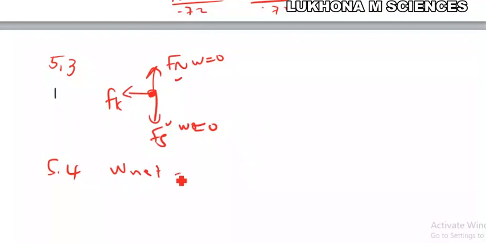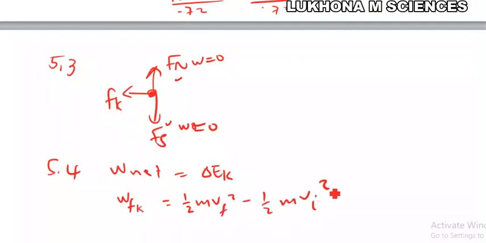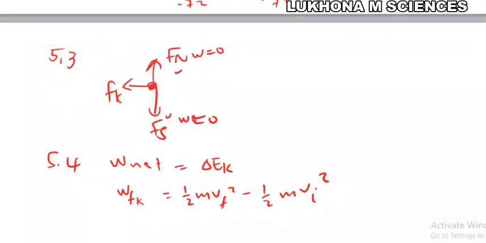Therefore, work net is equal to change in EK. So the force that we have now is friction, which means work done by friction is equal to 1 over 2 m vf square minus 1 over 2 m vi square.